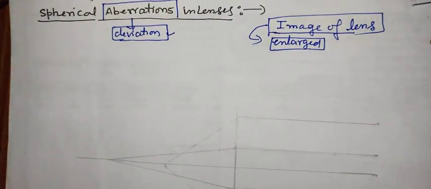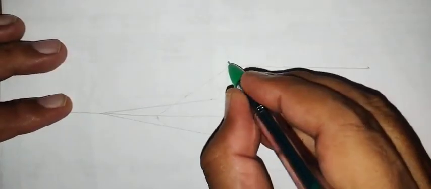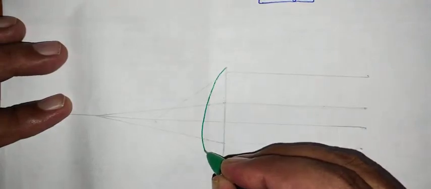So to see the spherical aberrations in the lens, let us see this diagram of a convex lens. Let us consider a convex lens.